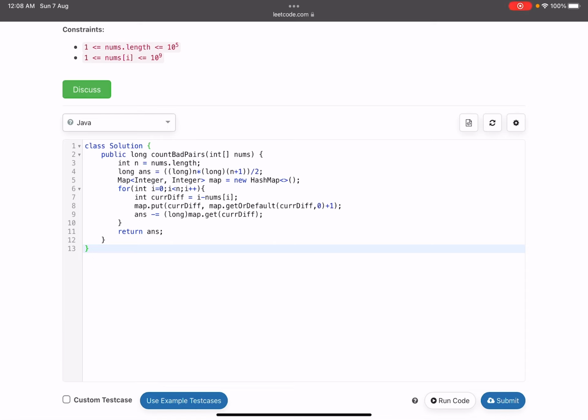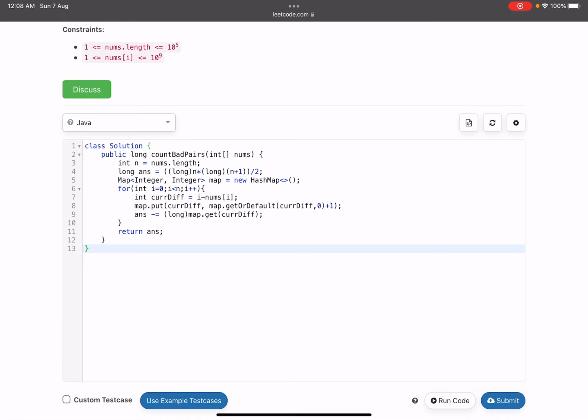And once we know the number of good pairs, we can subtract it and get the bad pairs. So we are making a collection so that for i minus nums of i, we know how many numbers have the same value. Here that particular value is current diff, so we increment the count for current diff.